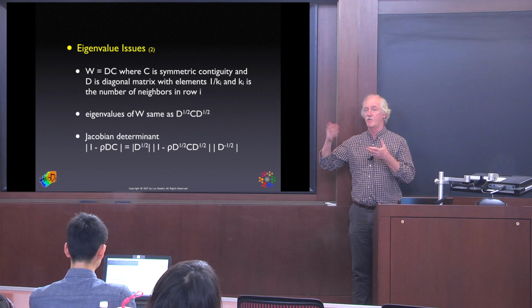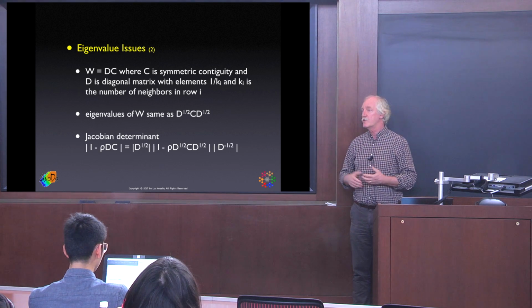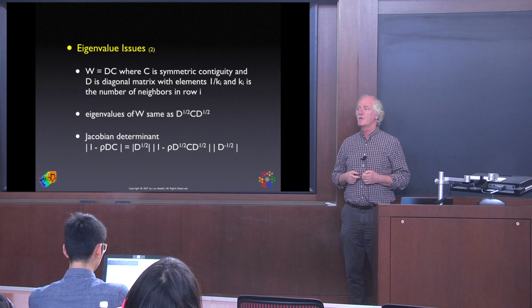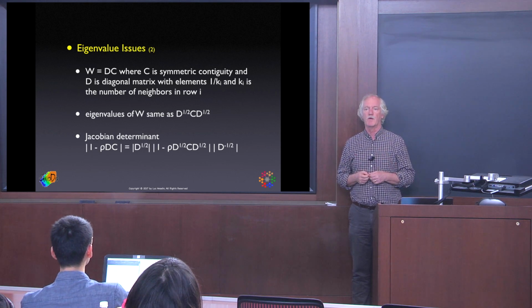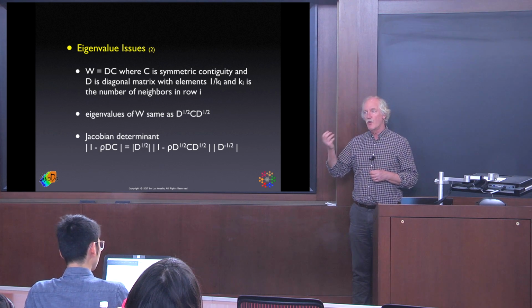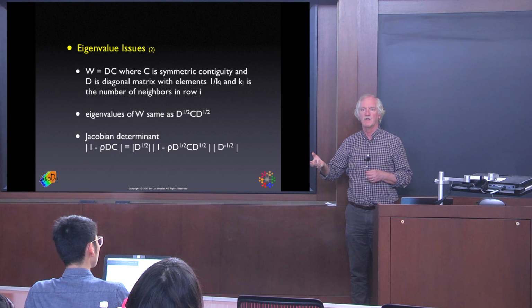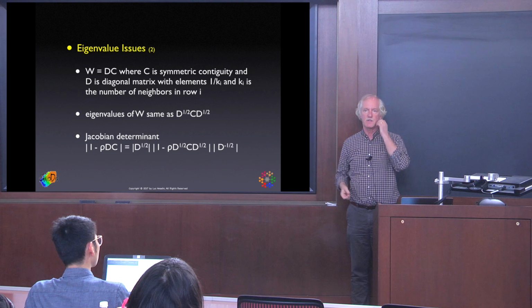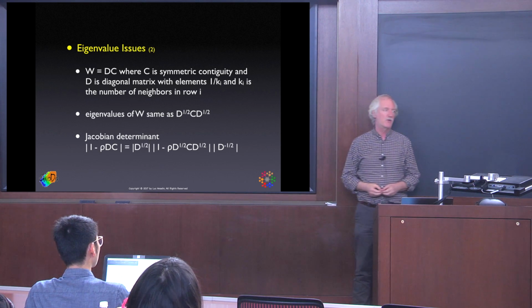Remember those things with a funny little i in them? Those are complex numbers. Now, because this is a Jacobian, it can't be a complex number. It has to be a real number. And it is, and you can show this. But you only get to the real number by multiplying a whole bunch of complex numbers, such that the complexity cancels out. And that's another complication that you have to keep in mind.